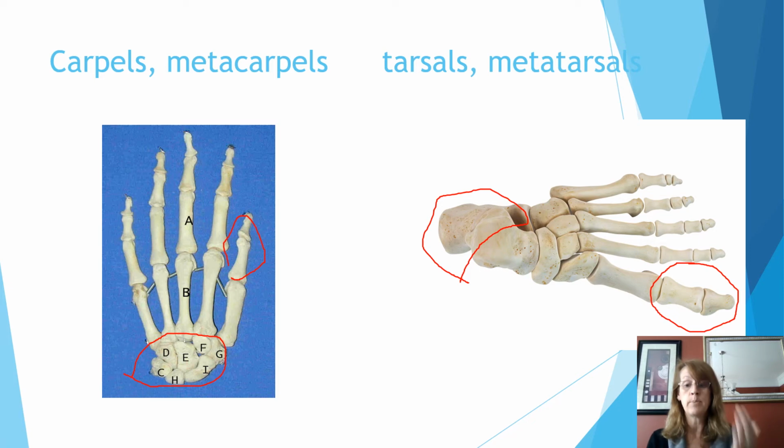So of the 206 bones, 16 are wrist bones, 14 are ankle bones, 10 are hand bones, 10 are feet bones, 28 are finger bones, and 28 are toe bones. If I did the math right, that means of the 206 bones of your entire body, 106 of them are just your ankles, hands, feet, toes, wrists, and fingers. So a lot of bones there. Now, working our way up.